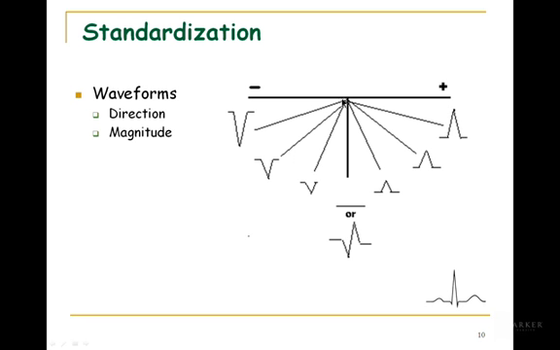As it's running away from parallel, it's a little bit smaller. Keep going, it's a little bit smaller. If it's running perpendicular to that lead, you may get a baseline recording, where you're not recording anything.